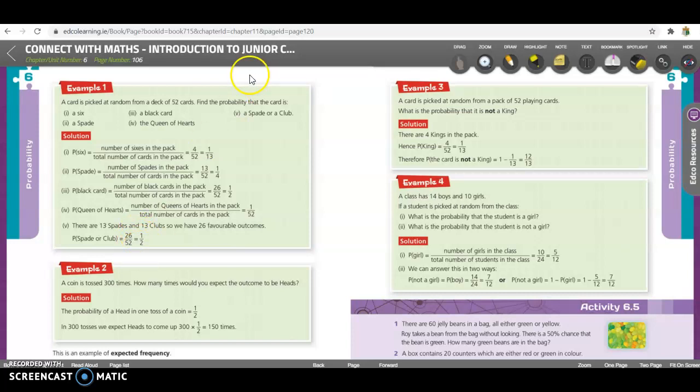Just be careful of this. Let's say there was a part 6 here and it said, what's the probability of getting a spade or a jack? Well, there's 13 spades in the deck and there's 4 jacks. So you might be tempted to go 13 plus 4 is 17, and 17 over 52. But one of the spades is the jack of spades.